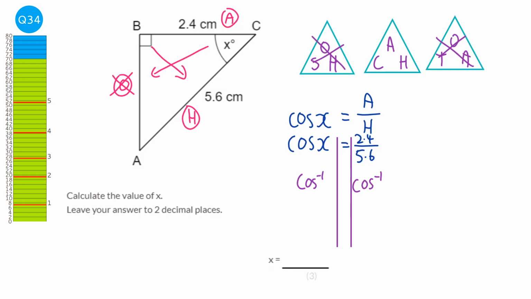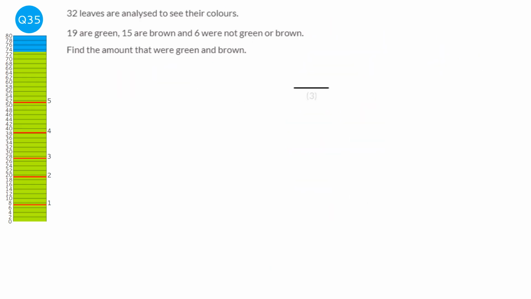The inverse cos is just the opposite of cos, and you normally press the shift button or something on your calculator to get to it. When we inverse cos that, we get 64.623 and so on, and to 2 decimal places, which it asks us for in the question, is 64.62.